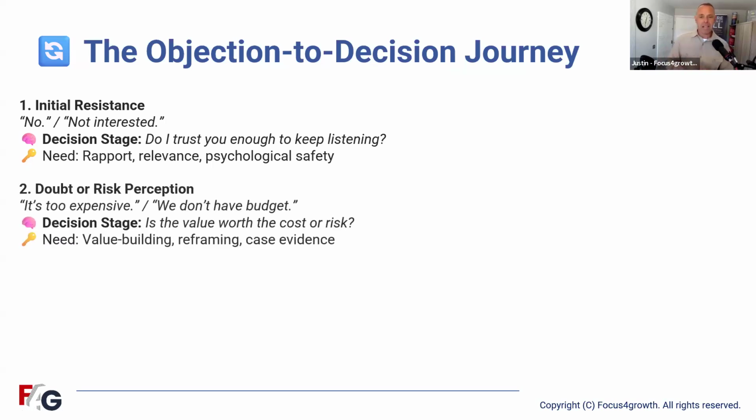When we get a bit further down the line, you get doubt or risk perception. They might say something like, it's too expensive, we don't have the budget. Beyond that surface level objection, what they're really asking is, is the value worth the cost or the risk?